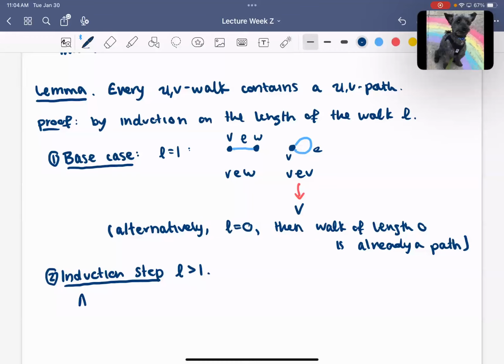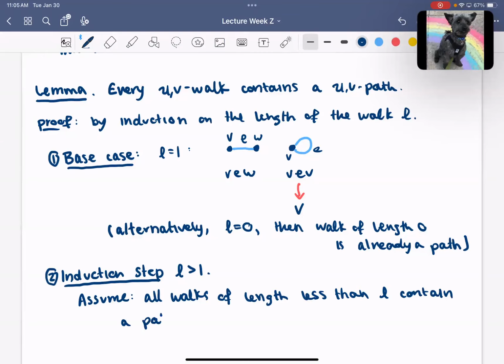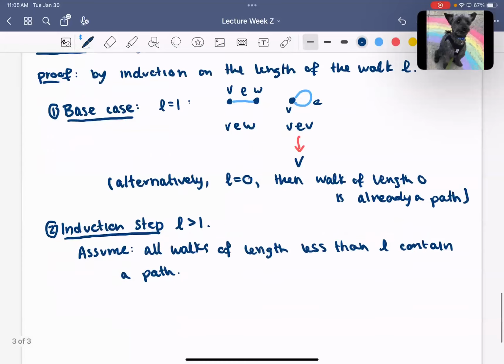So let's assume that all walks of length less than L contain a path. And then we're going to use that assumption to prove that a walk of length L contains a path. So let's let W be a walk of length L.